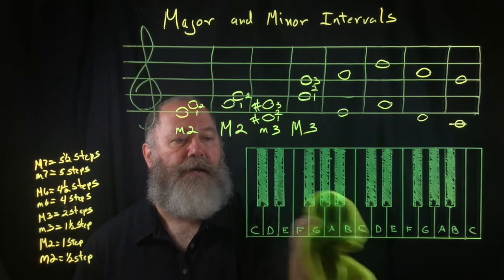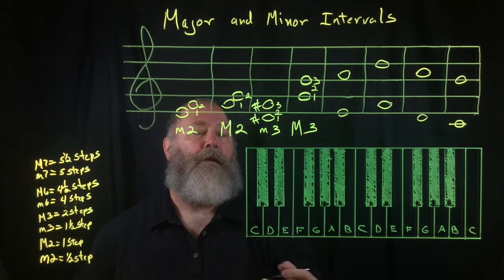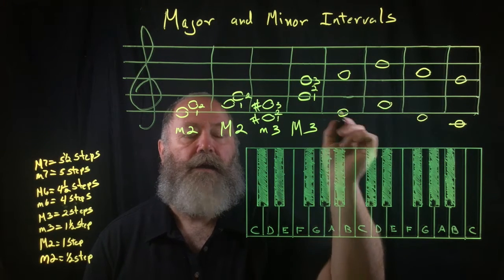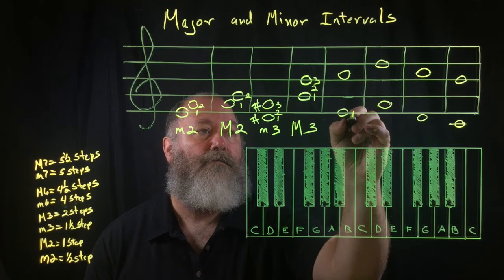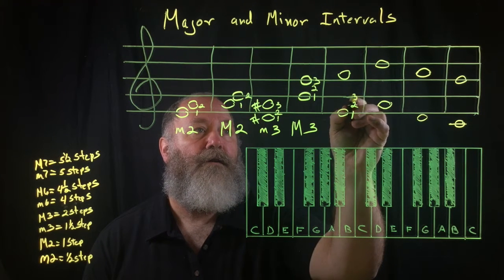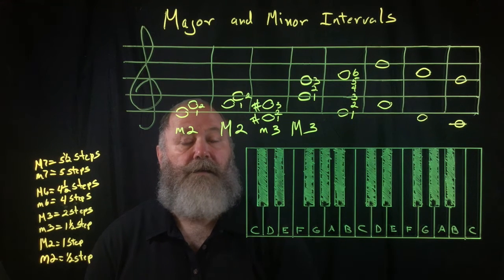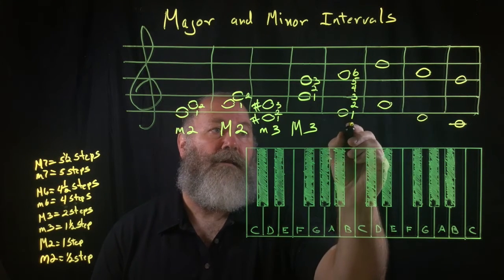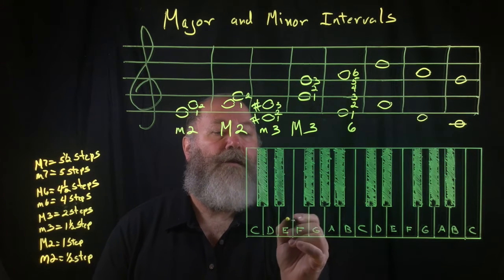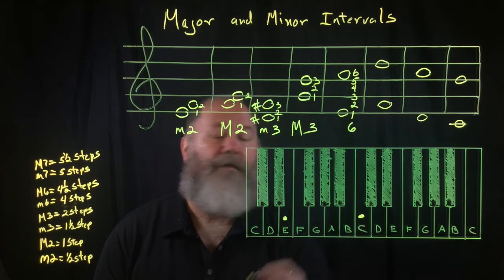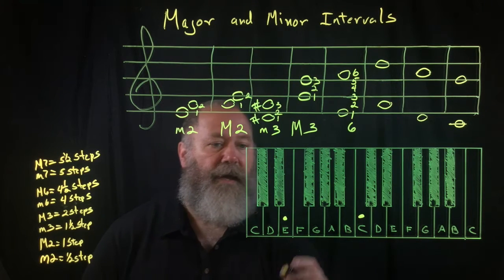Let me erase that. We'll go on to our next example. Our next example goes from E up to C. Let's count the lines and spaces. 1, 2, 3, 4, 5, 6. So we know it's some kind of a sixth. If I mark the notes E and C on the keyboard, let's count the steps.